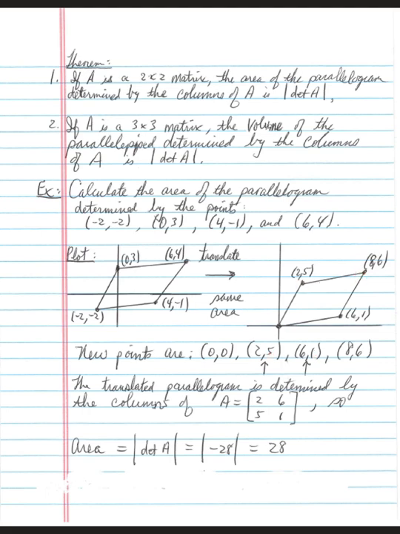If you make those your columns of A, the translated parallelogram is determined by the columns of A, which are your new points leading away from the origin. 2, 5, 6, 1. And then you calculate the determinant. 2 minus 30, it's -28, but you take the absolute value, you get positive 28. Don't forget the absolute value of the determinant.